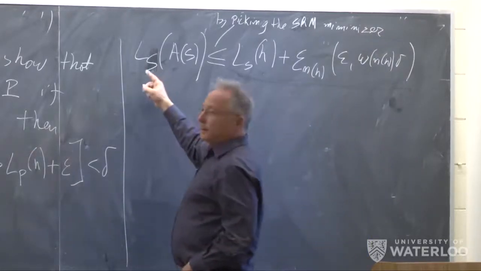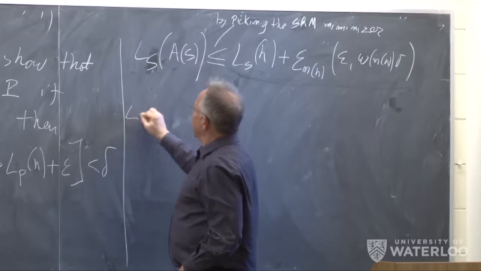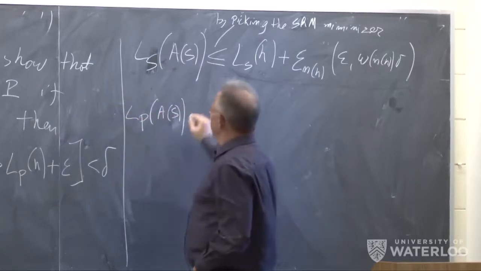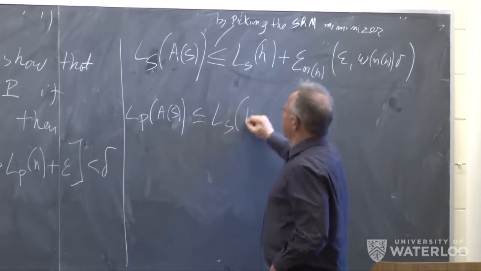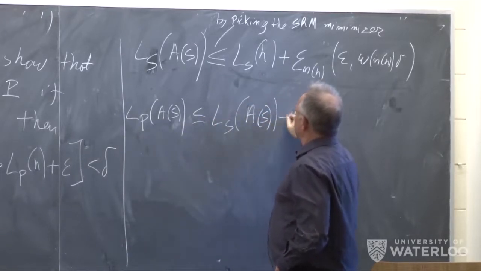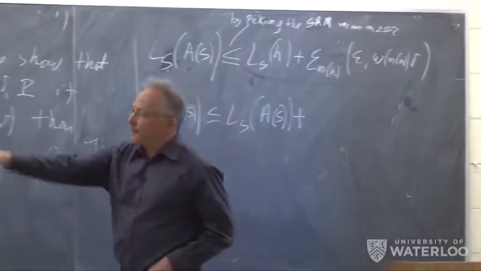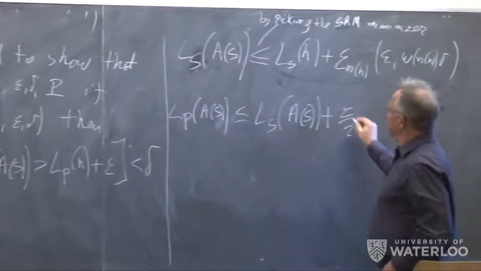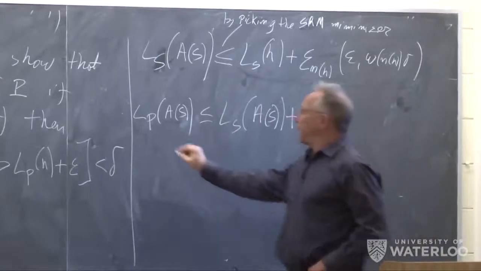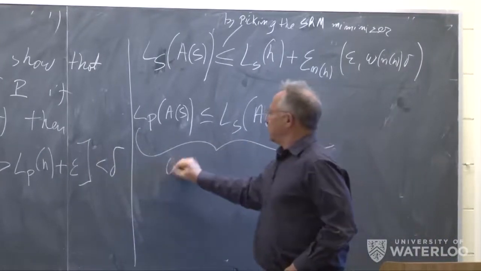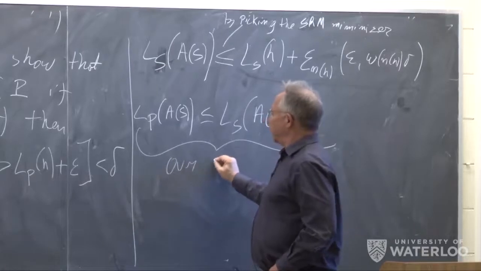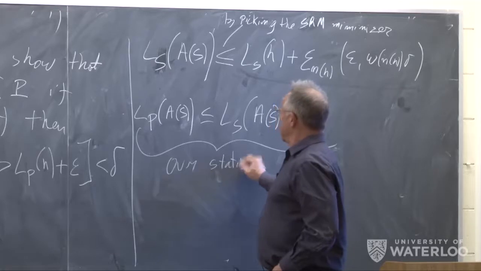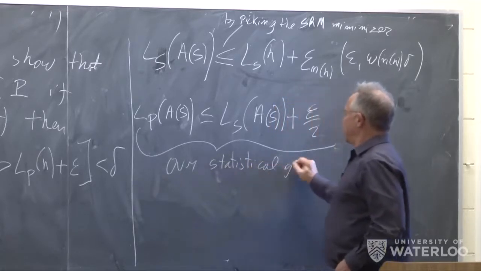But I know that LP of A of S will be at most LS of A of S plus this epsilon that we just said is at most epsilon over 2. This is by our statistical guarantee.